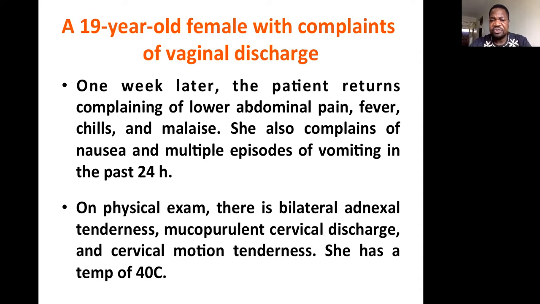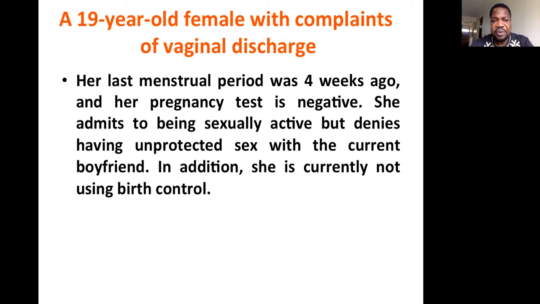She has a temperature of 40. So this condition becomes more complicated. The last menstrual period was 4 weeks ago, and her pregnancy test is negative, so you exclude the possibility of pregnancy. She is not pregnant.